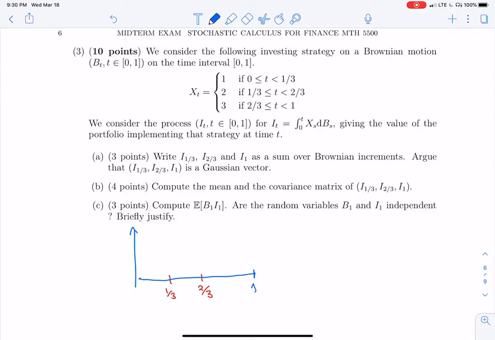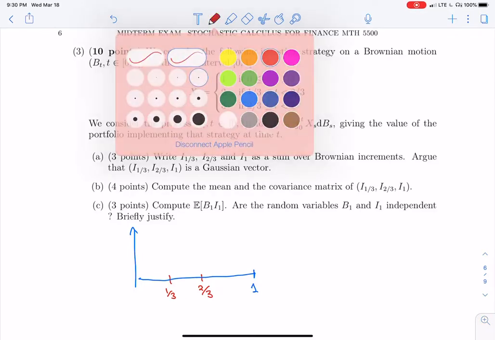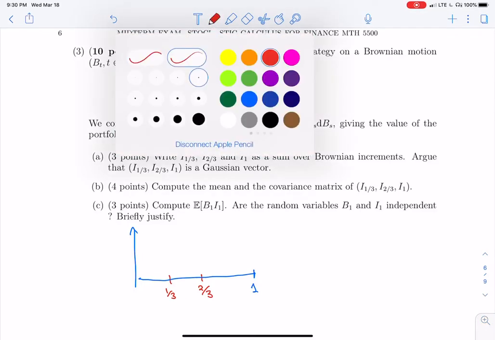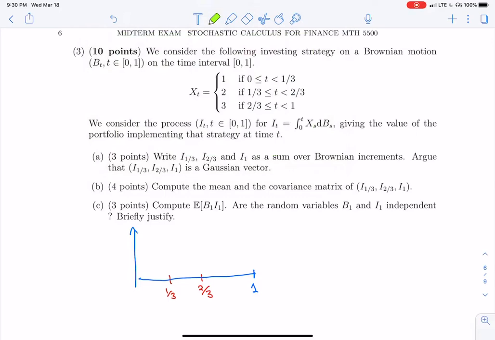And now I have a strategy, which is 1 on 0, 1/3, 2 on 1/3, 2/3, and 3 on 2/3 and 1. So 1, 2, 3. Alright? So this is actually not random, doesn't depend on the path, it's always 1, 2, 3.